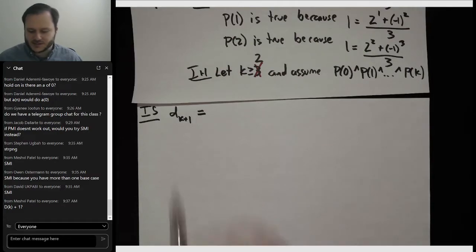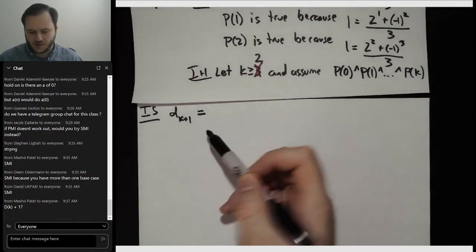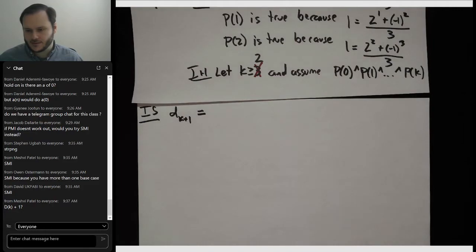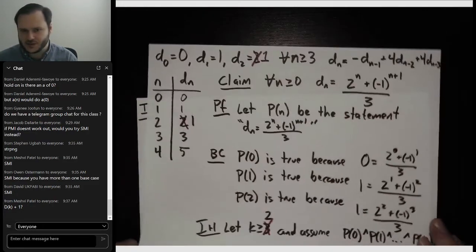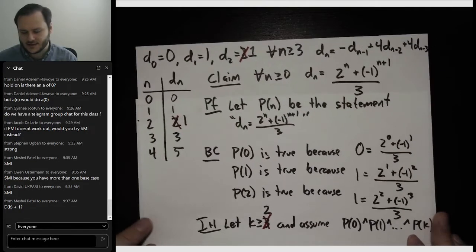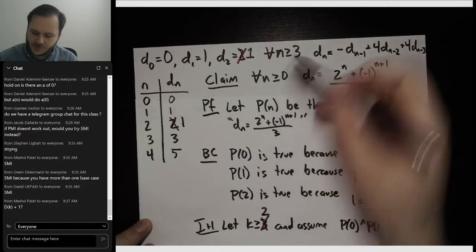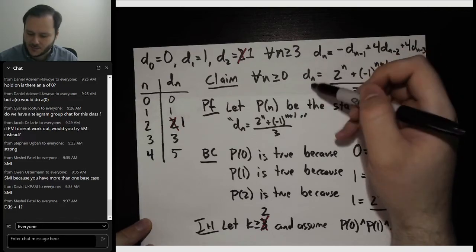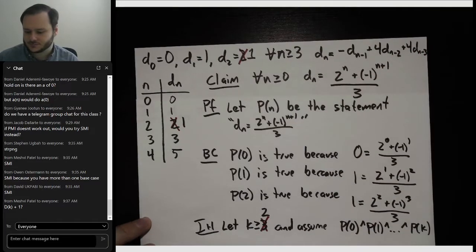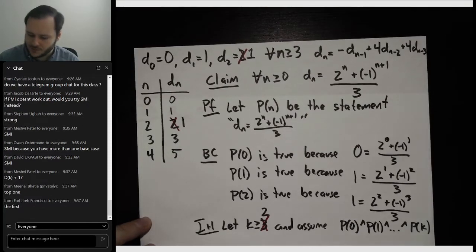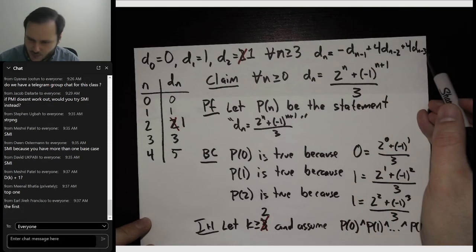It's not equal to d of k plus 1. So that's not how my recursive formula works. My recursive formula is up here. Which of these two statements can I use? The top one. I need to use my recursive formula.